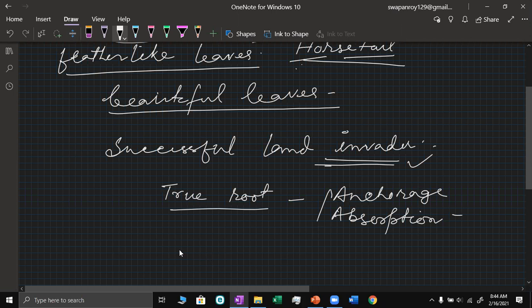And they have developed a good conducting system.